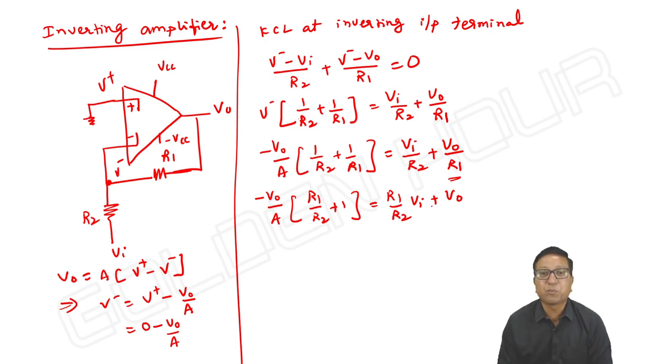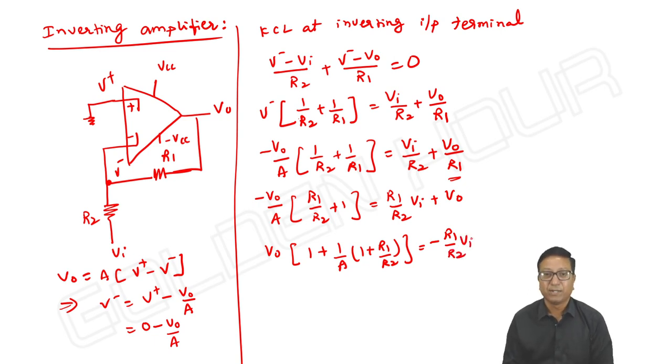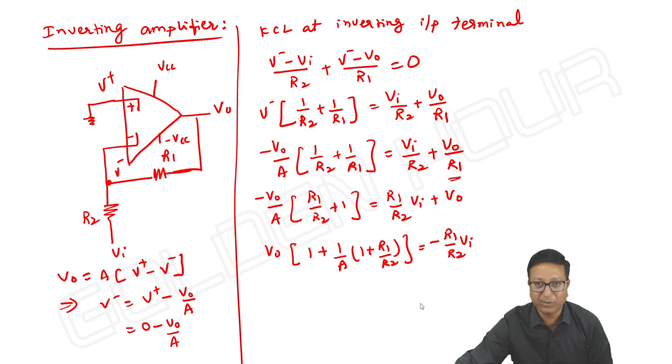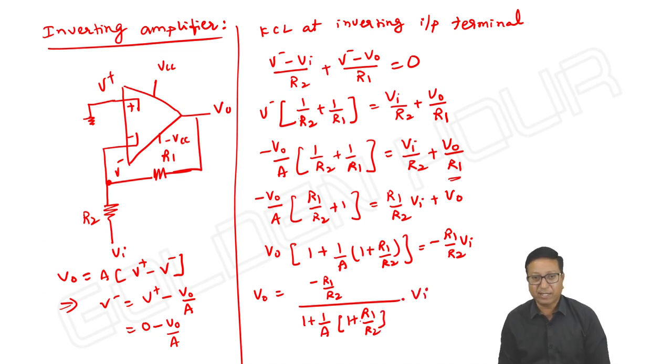Let us separate the V output and Vi terms. That means V output into 1 plus 1 by A into 1 plus R1 by R2 is equal to minus R1 by R2 into Vi. Or I can write V output is equal to minus R1 by R2 divided by 1 plus 1 by A into 1 plus R1 by R2, times Vi. The denominator remains the same.